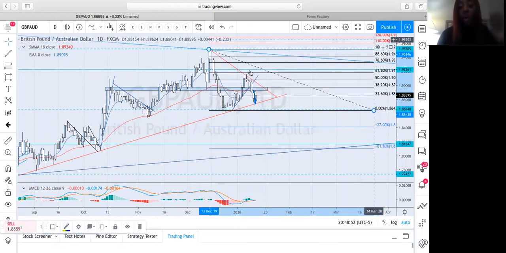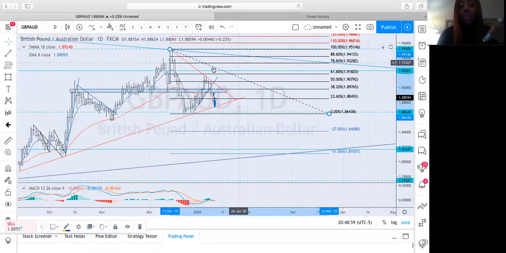So on the overall time frame, even if the market pushes up to this 78.6 mark here, it's still maintaining structure for this downward push.